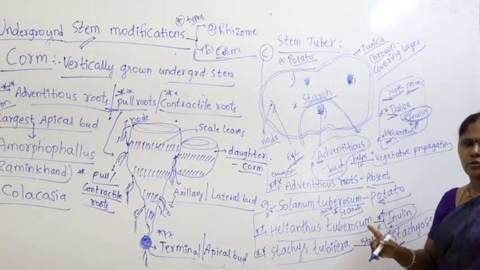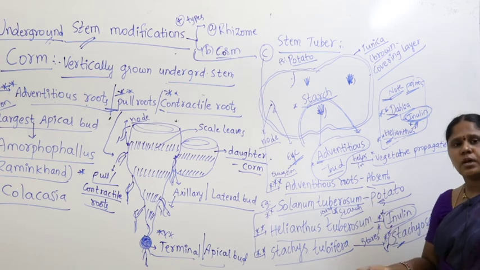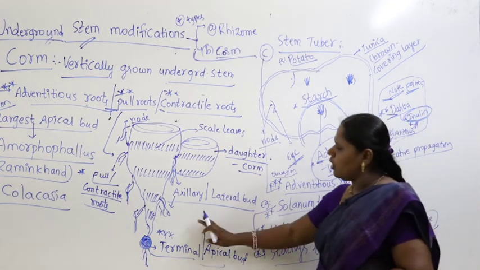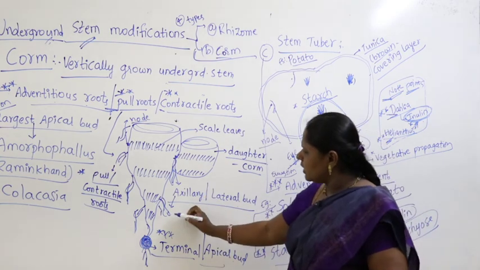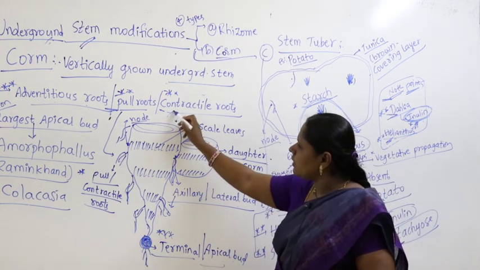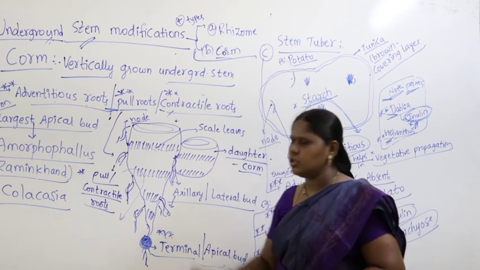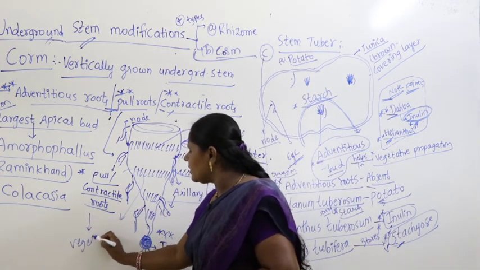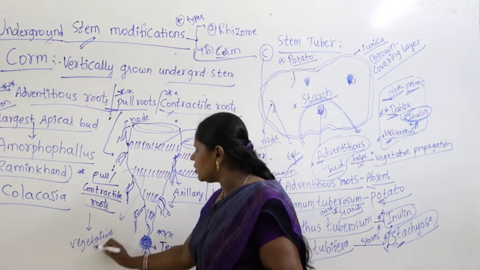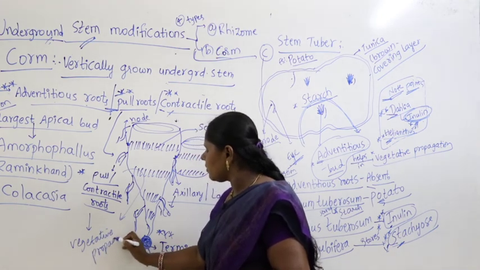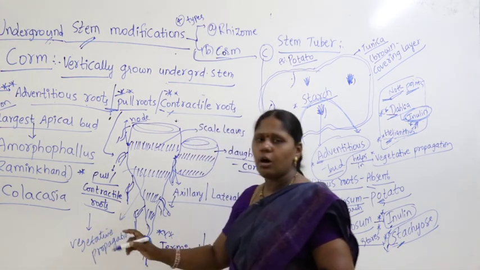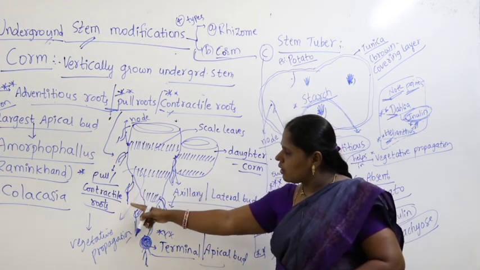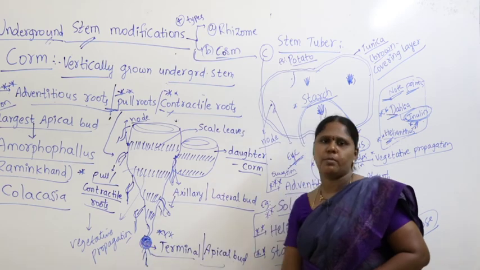See the places where vegetative propagation occurs. In the case of rhizome, adventitious roots help in vegetative propagation. In the case of corm, adventitious roots or pull roots, contractile roots, are involved in vegetative propagation.